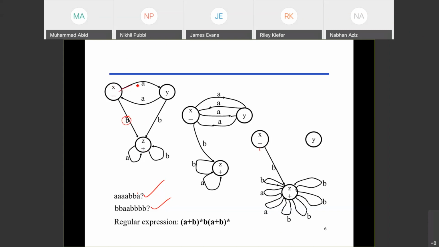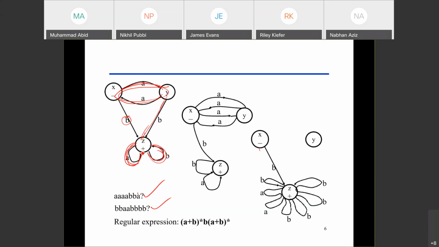If you choose this path, you can start with A. You can have as many A's as you like, but as soon as you have B, you reach the final state. And then you don't care: you can have as many A's or as many B's as you want.